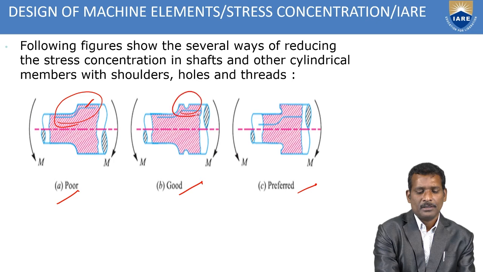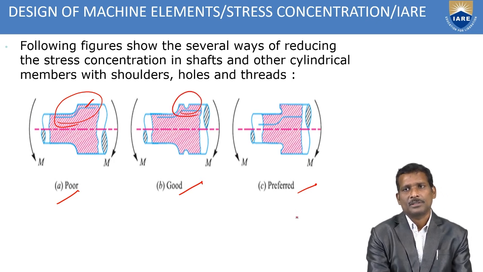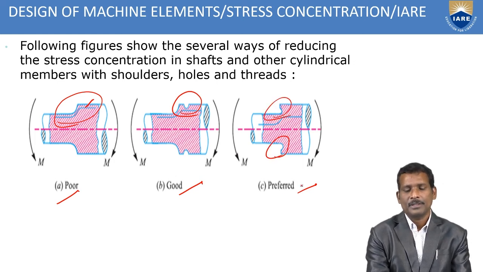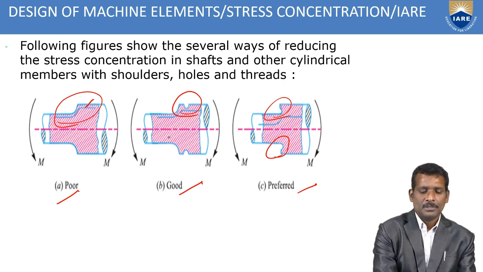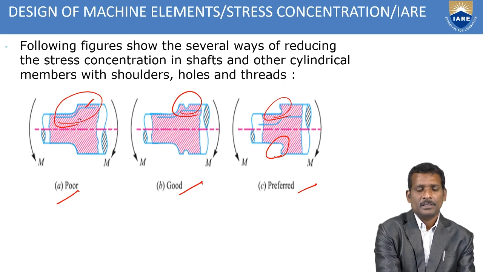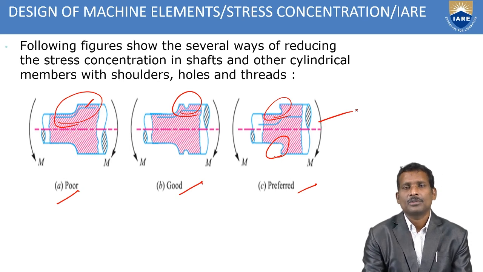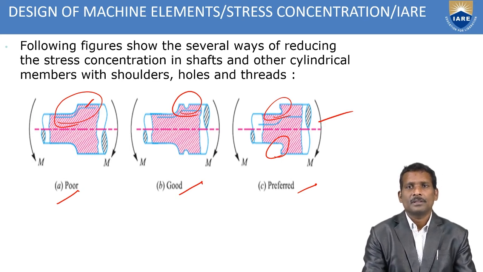Why? Because one notch is provided. Here large fillets are provided, so that's why this one is preferred. The lines are away from the sharp edge and the fillet edge, somewhat reduced, but here they are completely away from this edge. So there is no disturbance in the force carrying lines or stress distribution lines.